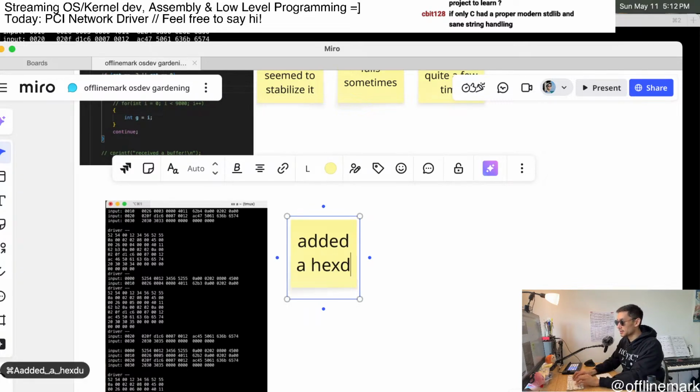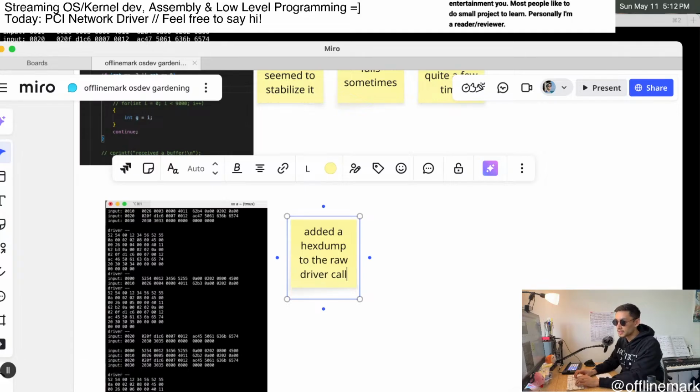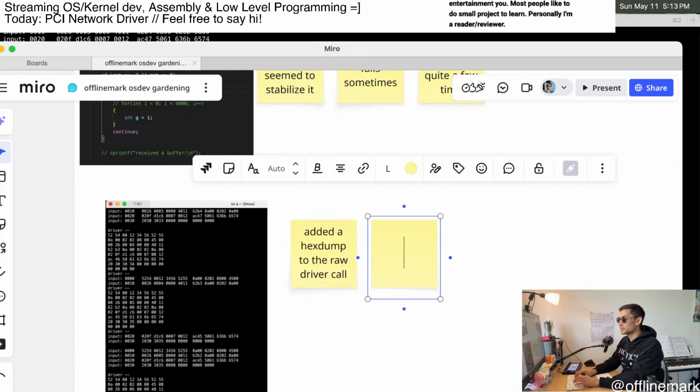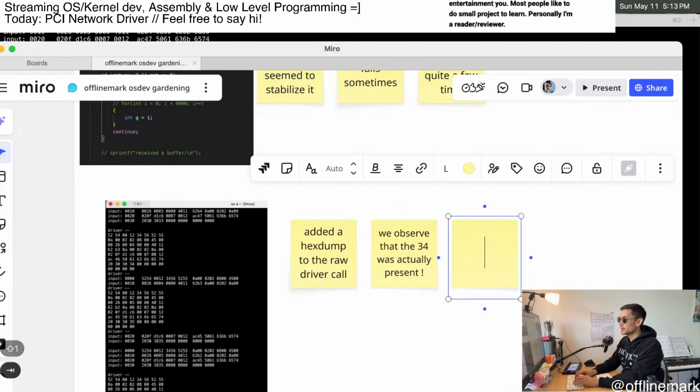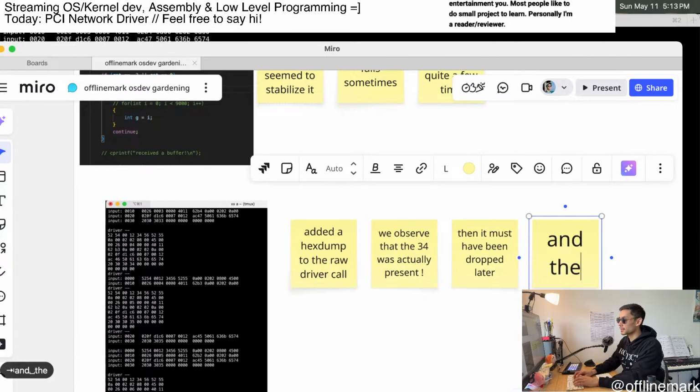Added a hex dump to the raw driver call. We observe that the 34 was actually present, then it must have been dropped later. And the 35 is somehow duplicated.